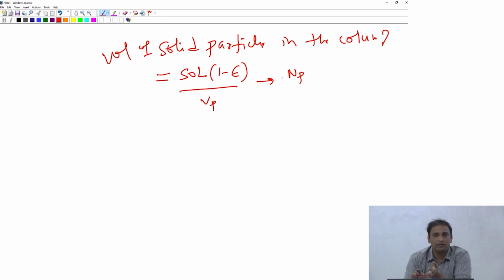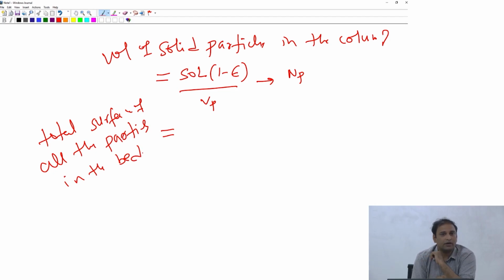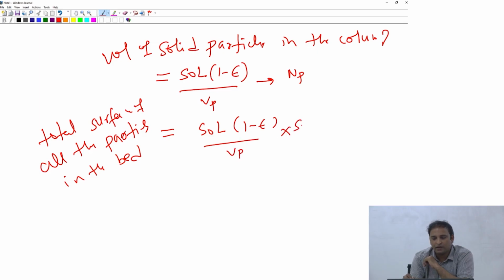So if I ask you what is the total surface area of all the particles in the bed, it is S naught into L into 1 minus epsilon divided by Vp, multiplied by Sp, where Sp is the surface area of every particle that you have. Is it okay?